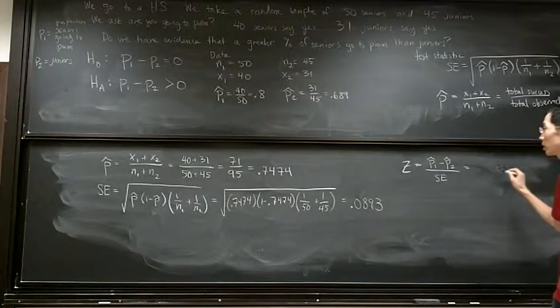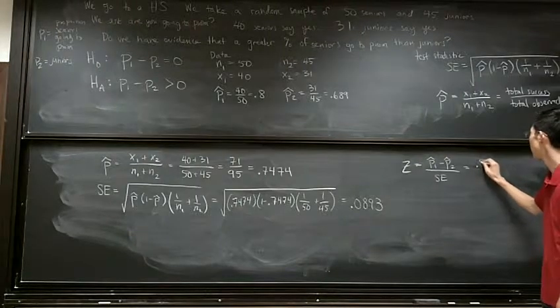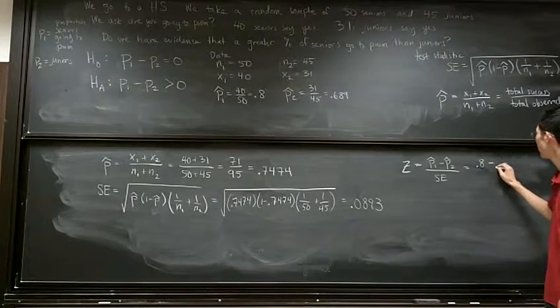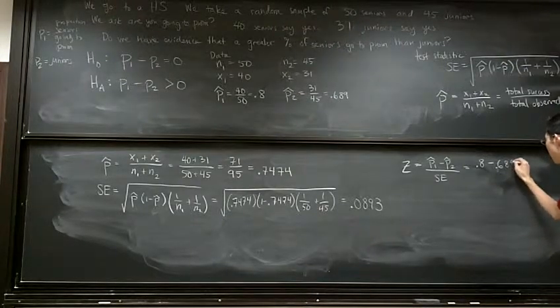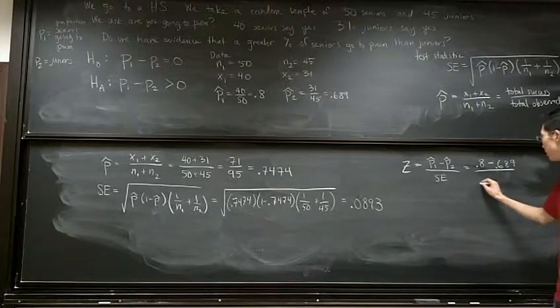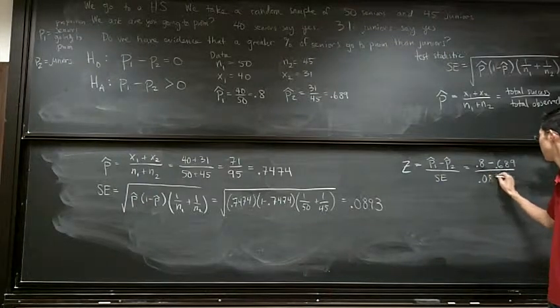Okay. So p1 hat is 0.8 minus p2 hat 0.689 divided by my standard error 0.0893.